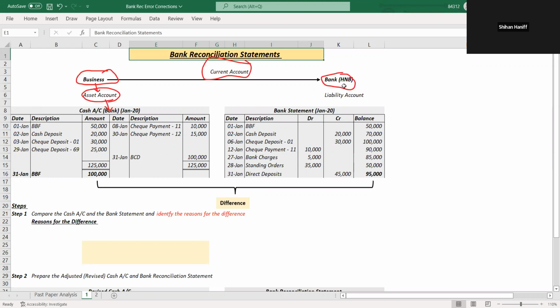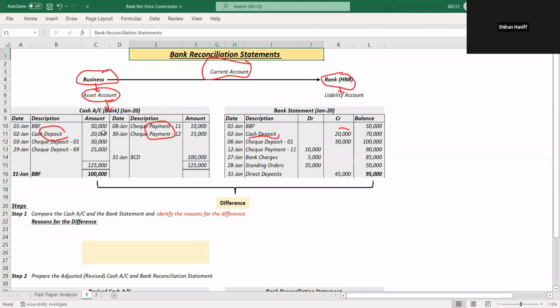And from the bank's point of view, if the business deposits money in the bank, it is a liability. They must repay that. So if we deposit money in the bank, it is credited to the bank. Then the balance will increase. And if we withdraw money through a check, it is recorded as a debit entry in the bank statement.